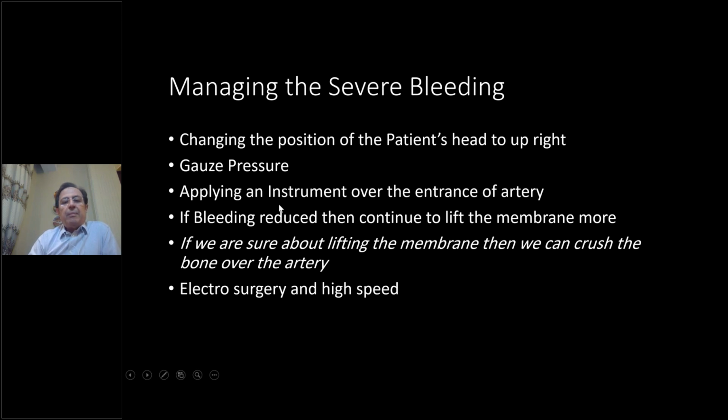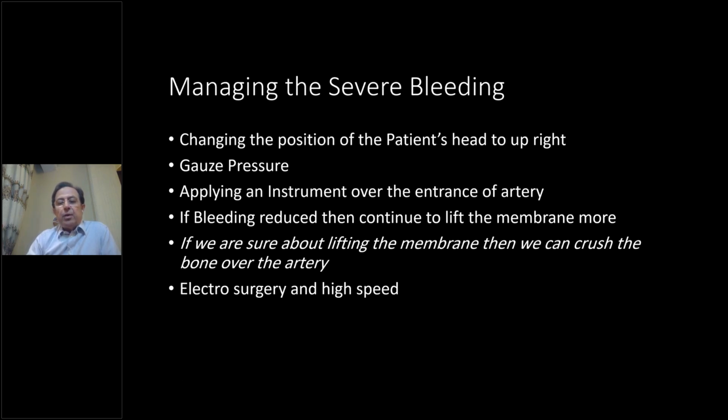So we must apply an instrument over the entrance of the artery if we can, because we need to have a good vision. And if we can reduce the bleeding, we must continue to lift the membrane.